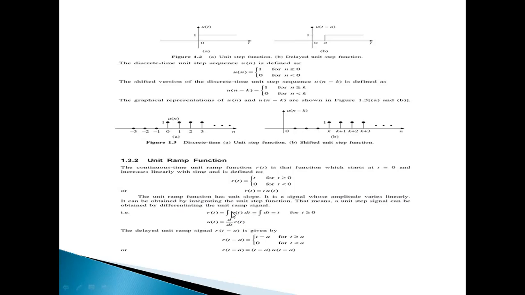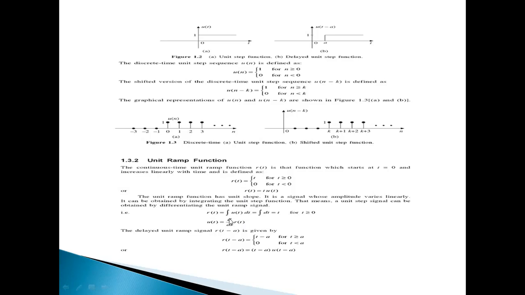It is 1 for the values from 0 to infinity. What is 1 into dt? It is t. That is nothing but r of t. So r of t is equal to t, for t greater than or equal to 0. For t greater than or equal to 0, the u of t value is 1. So the integral of 1 dt with respect to t, the integration of a constant, gives us t.